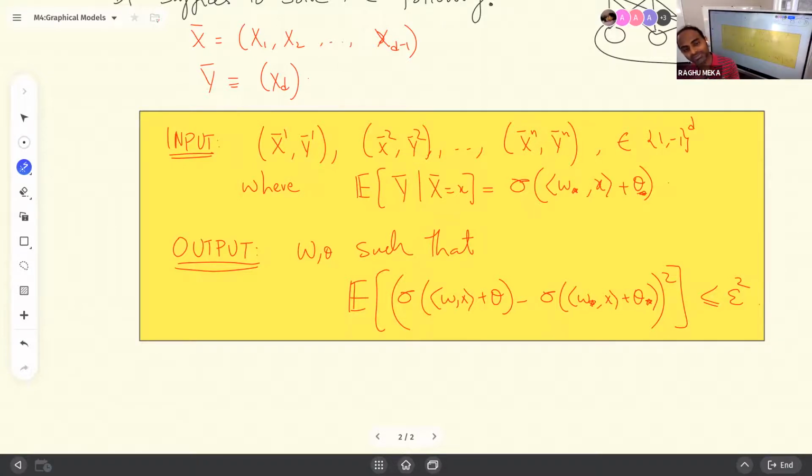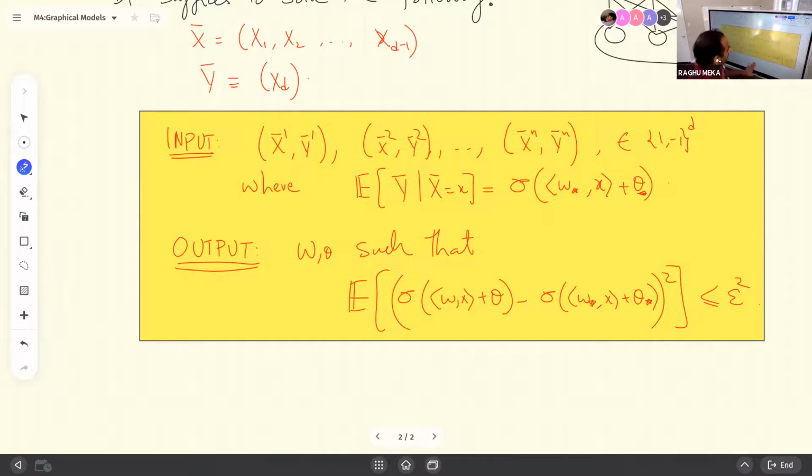Basically, the only assumption is that the conditional mean comes from some class that I know, which is just the sigmoid of this linear function. For the choice of loss function, I'm using squared loss because it works easier for us, but you can also work with the usual logistic loss, all kinds of other losses too.